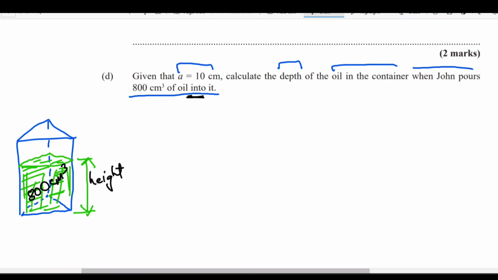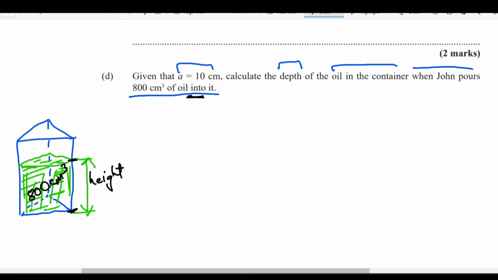So you throw it in there, it would have risen up in the thing to a certain height. So that's what they're asking you to find. Calculate the depth. Depth would have been how far it would be from, say if it's measuring from here to down here, depth, same thing as the height.